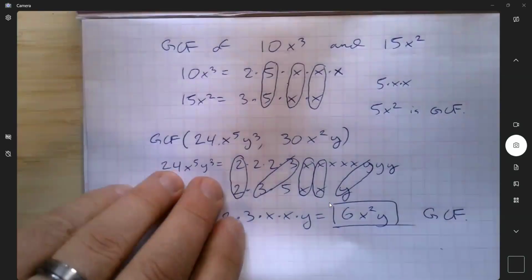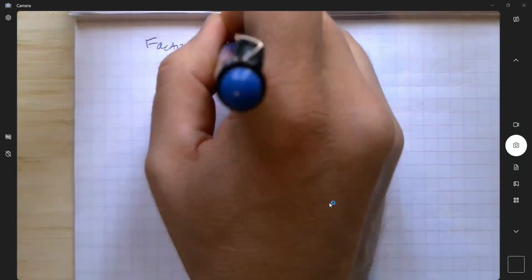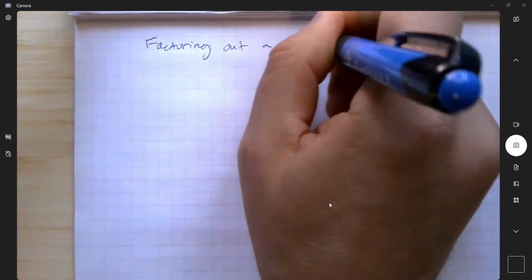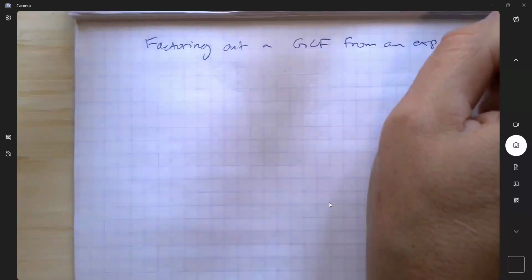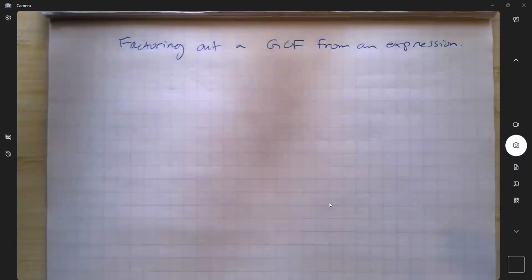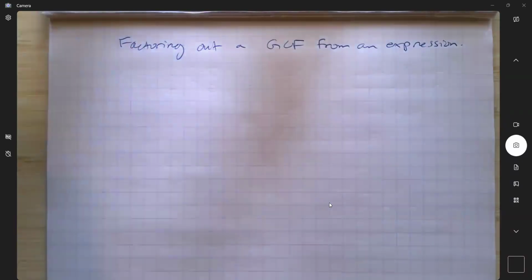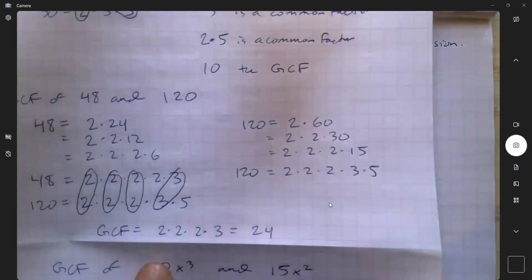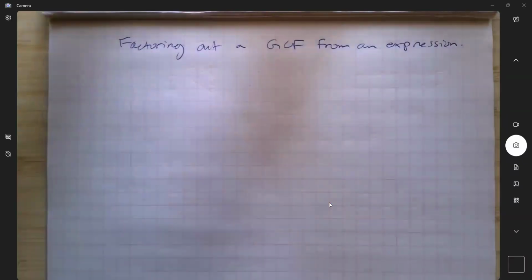All right, with this understanding, now we can start factoring out a greatest common factor from an expression. So let's look at, instead of just listing two terms, 10x cubed and 15x squared, let's build an expression.